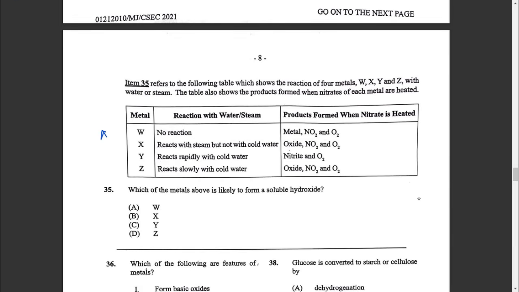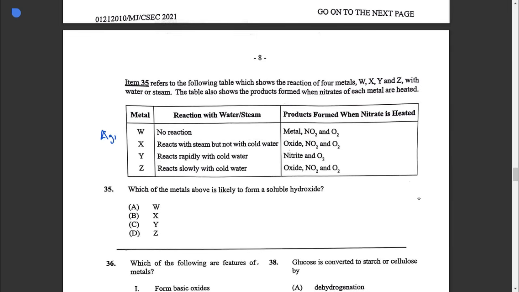For example, silver, copper, gold, mercury: those elements that are below hydrogen in the electrochemical series. X reacts with steam but not with cold water, and so that is between aluminum and iron.